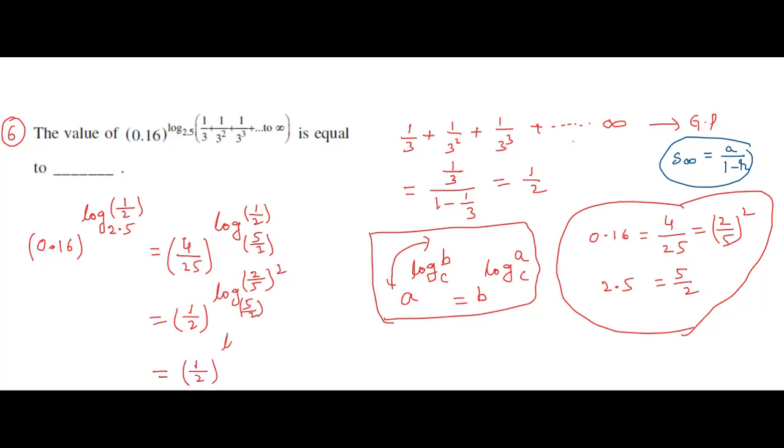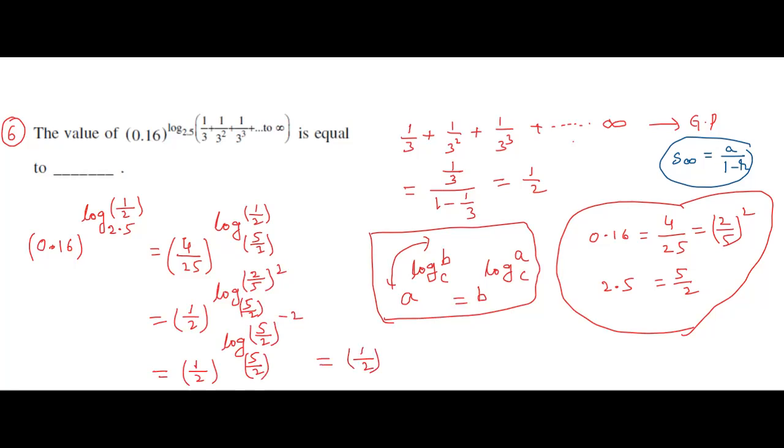How? The power is going to change. We get negative. So I am going to write 5 by 2 with the power minus 2. Here base 5 by 2. The power minus 2 is coming in front of the logarithm.